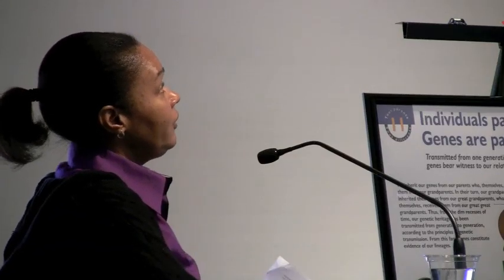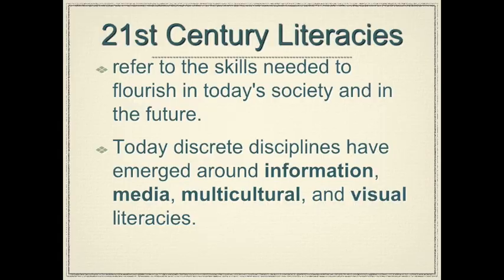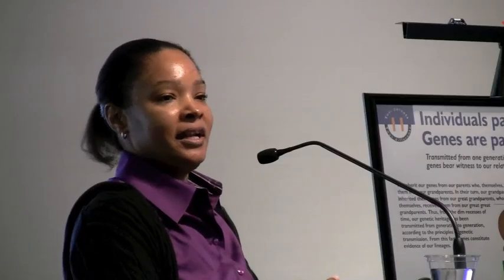Let's talk a little bit more about the 21st century literacies. Are you familiar with them? It says they refer to the skills needed to flourish in today's society in the future. The best way to look at this is the last presidential race. What happened? Obama came out and he did something that had never been done before. And because I am in tune with technology, Obama was in my Twitter feed.